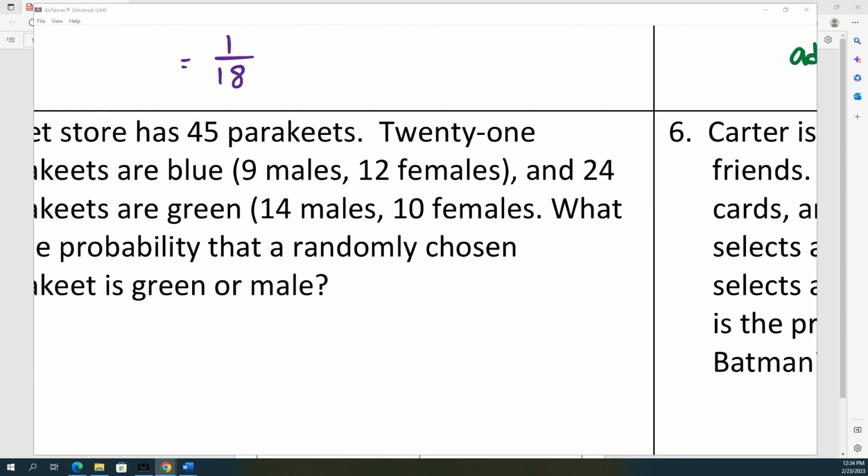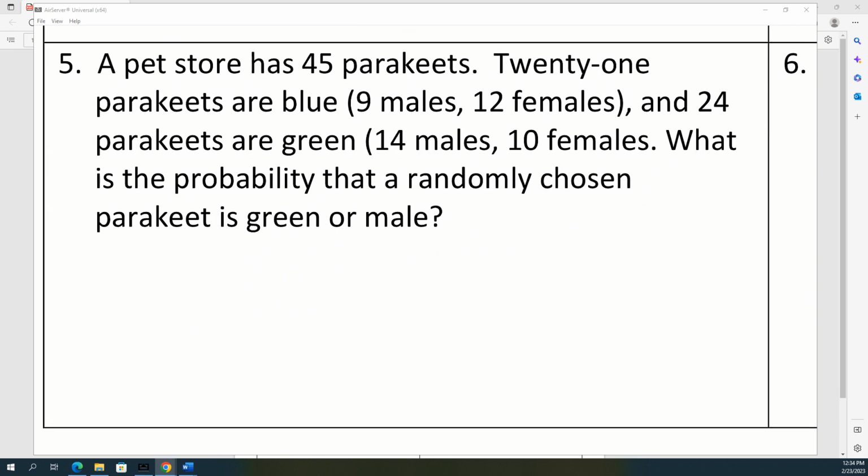Okay, let's look at number 5. Now, I already looked at your quiz, and there's definitely a question like this parakeet question. It's a different type of pet, but it's set up very similarly. So this pet store has 45 parakeets, 21 blue, 9 males, 12 females, 24 green, 14 males, 10 females that are green.